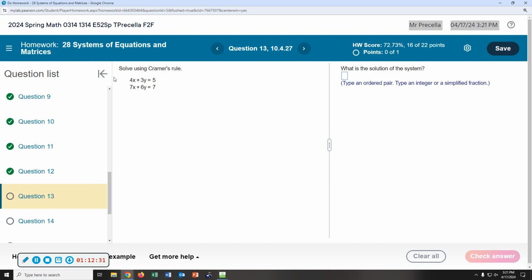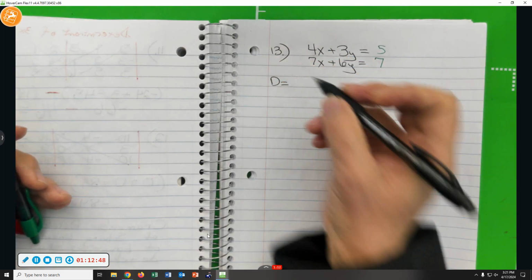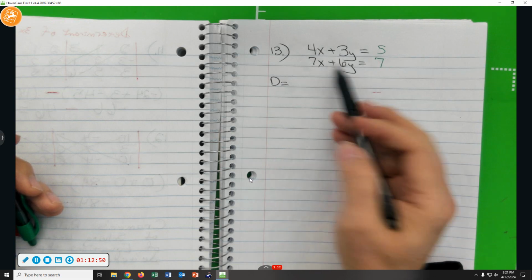4x plus 3y is equal to 5, and 7x plus 6y is equal to 7. Remember, determinants only work for square matrices. Here's what Cramer did. The first thing he did was find the determinant of just the coefficient matrix.